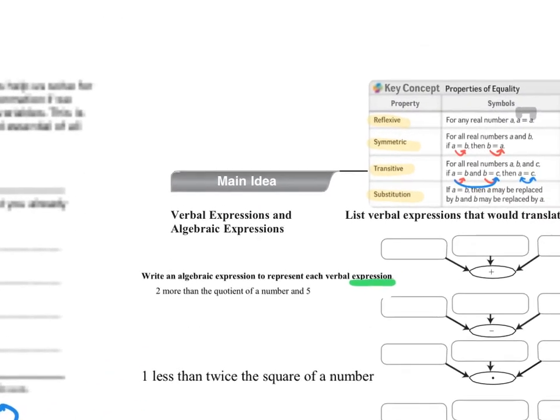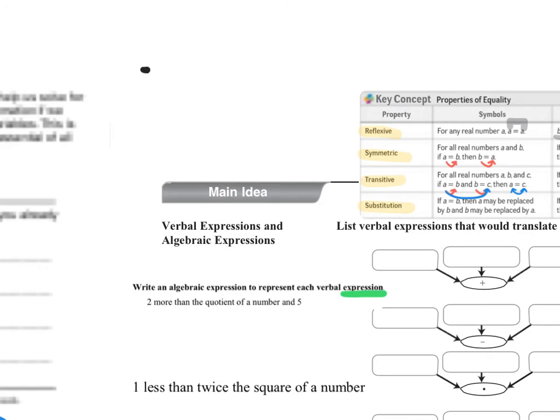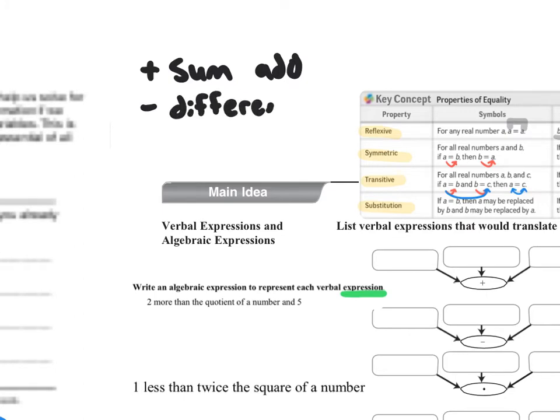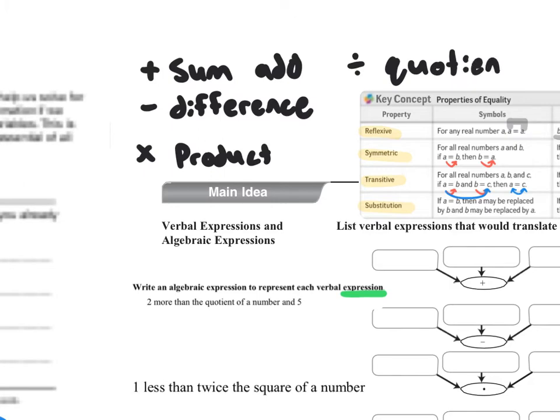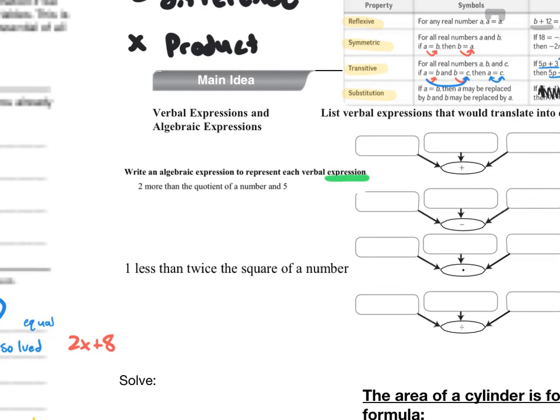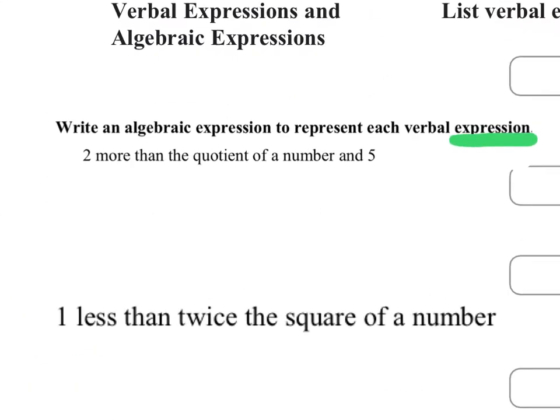It has us using these concepts of where addition may mean the word sum or add, subtraction may mean difference, multiplication means product or multiply, and division is quotient. So this says 2 more than the quotient of a number and 5.